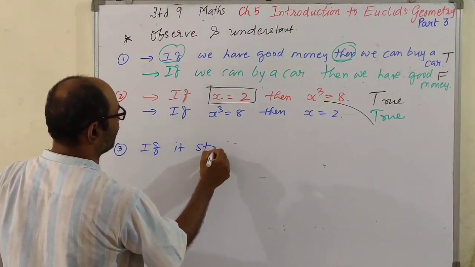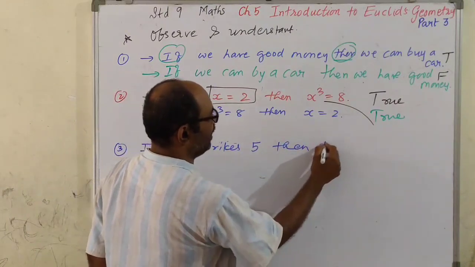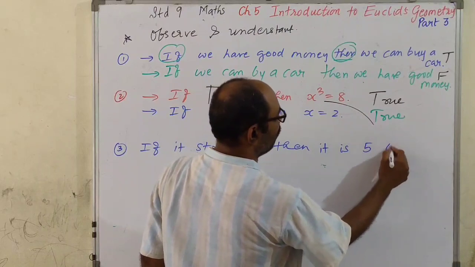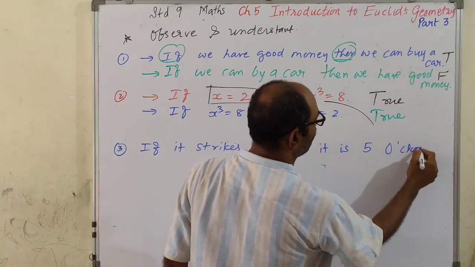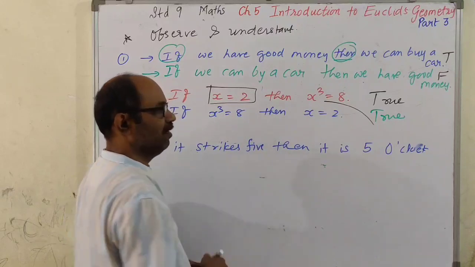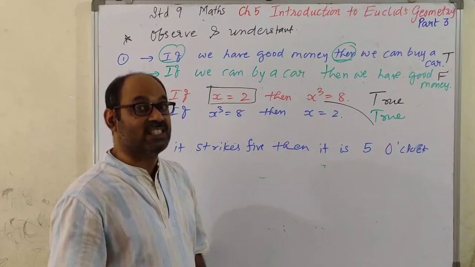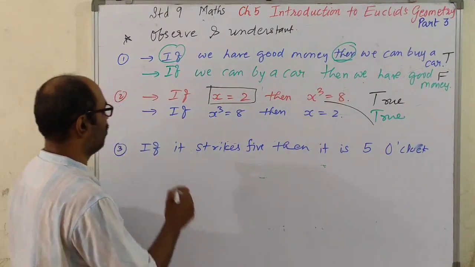Third: if it strikes 5, then it is 5 o'clock. I should use the word 5. 1, 2, 3, 4, 5. If it strikes 5, then it is 5 o'clock.